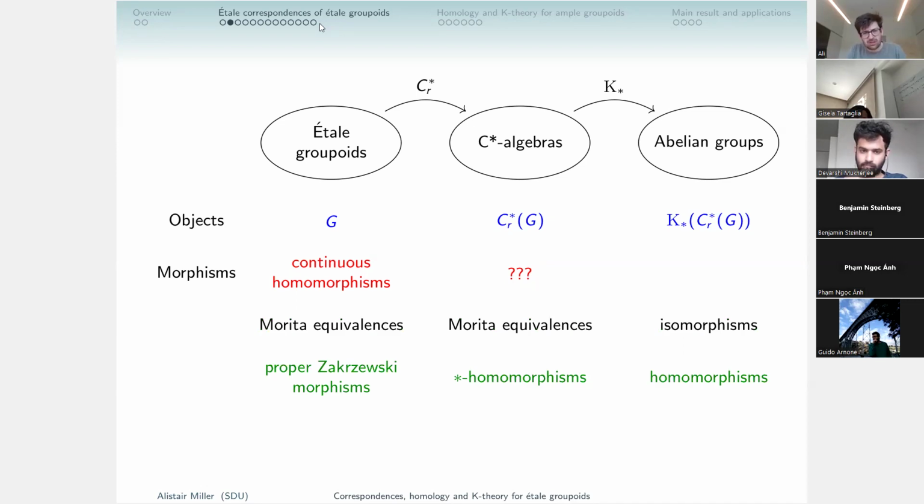So in another direction, there are these things called Zakrzewski morphisms, which are also known as actors and as algebraic morphisms. I think what's happening is that they seem to be a very natural notion of morphism for groupoids, but they're not completely obvious.